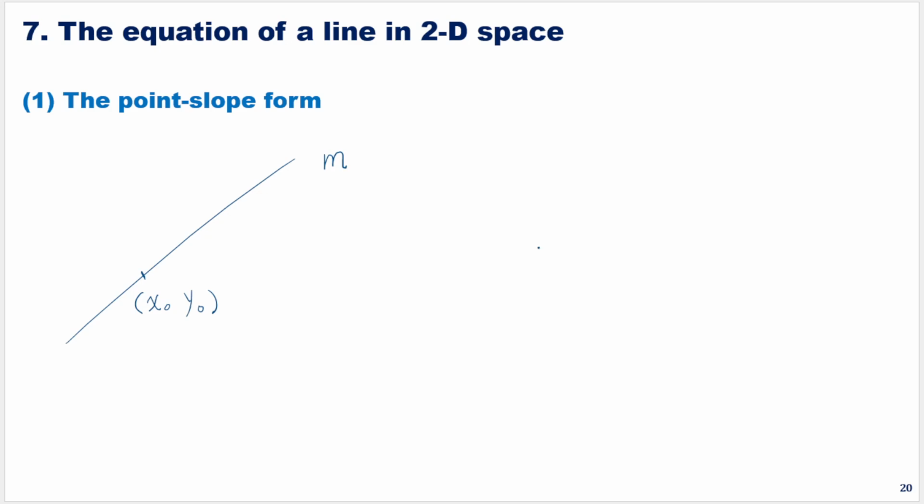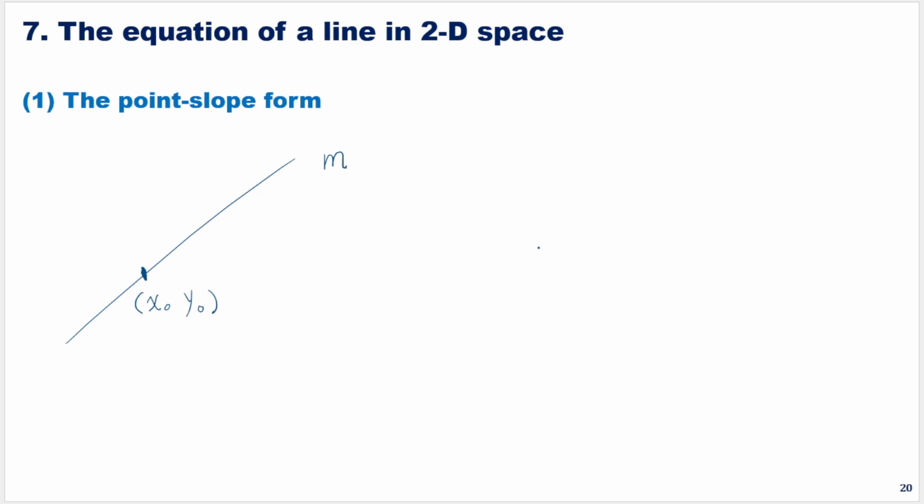Then how could you express the set of points that are on the line? Any point on the line must satisfy the equation of that line, right?